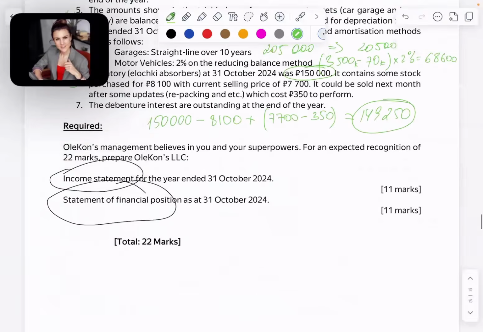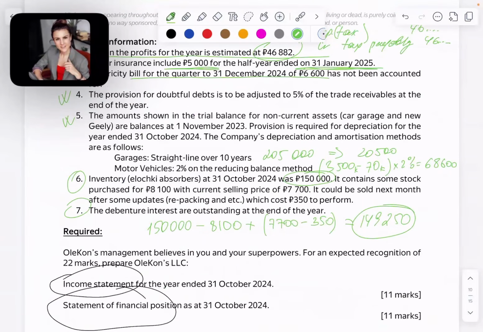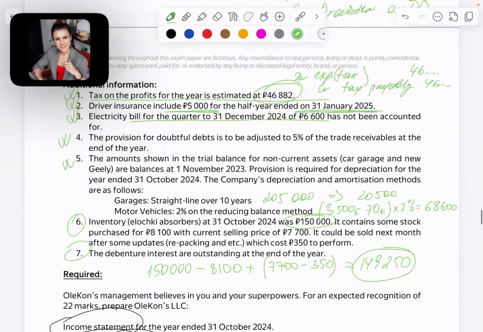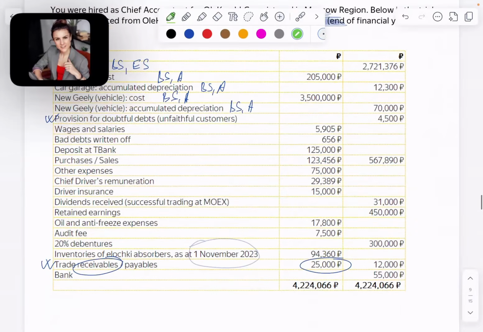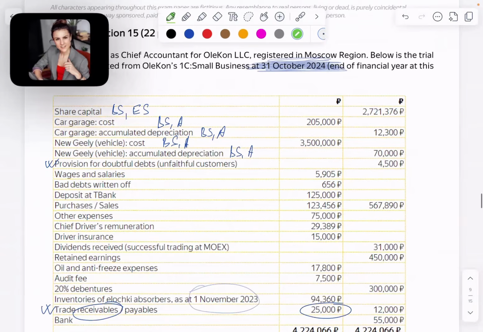And the very last line, if I'm not mistaken, yes, the debenture interest. The debenture interest is outstanding at the end of the year. That means that the company hasn't paid any interest on debentures. The company has a non-current liability, 20% debentures.